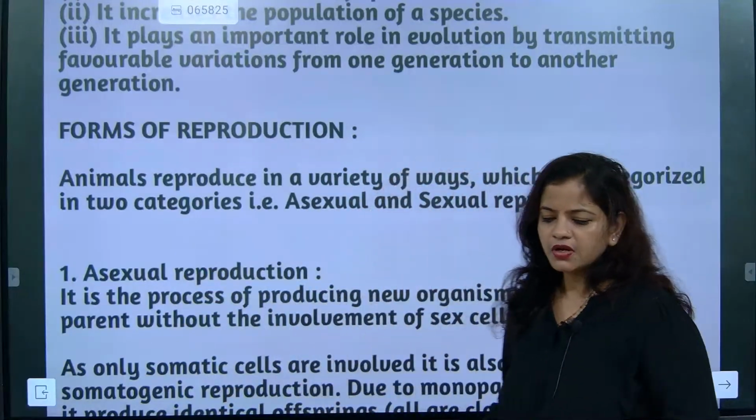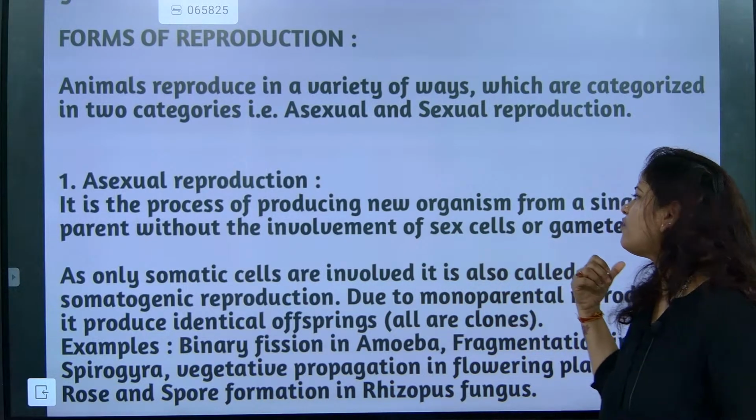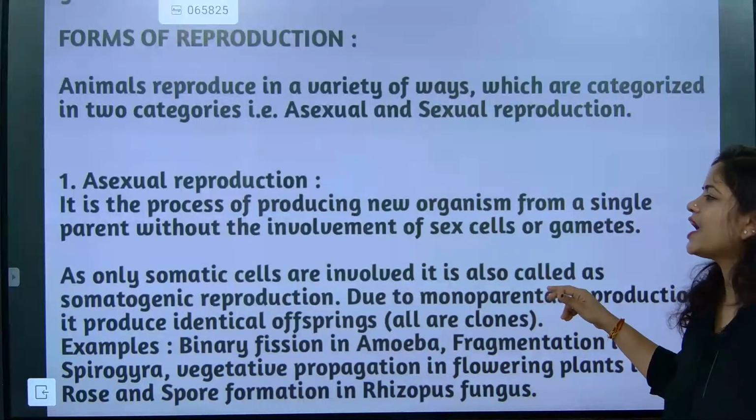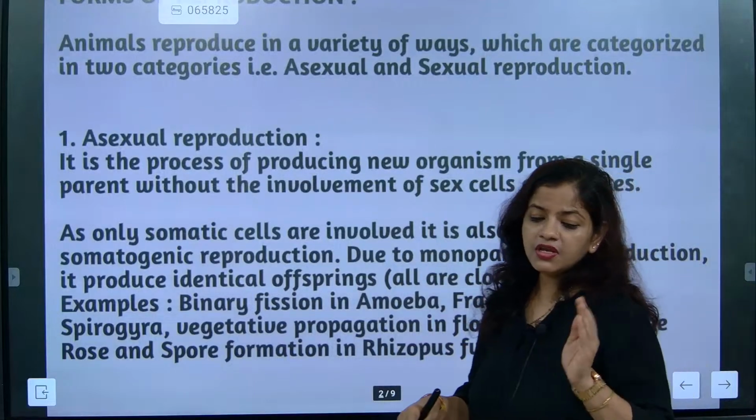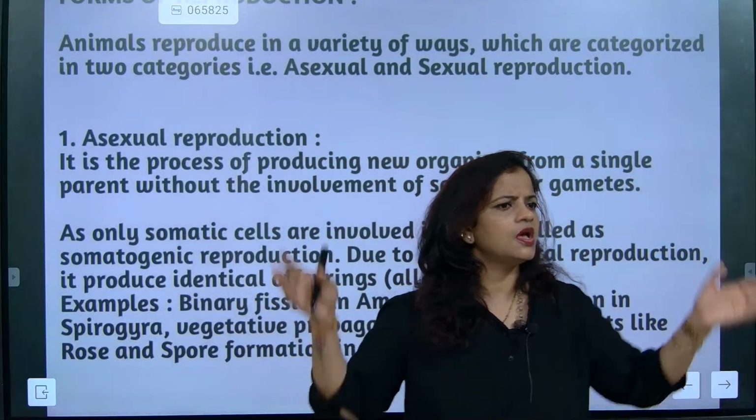Understood? So now in asexual reproduction, we are going to talk about producing a new organism from a single parent without the involvement of sex cells or gametes. Understood or not? So here we need to understand unicellular organisms and multicellular organisms.